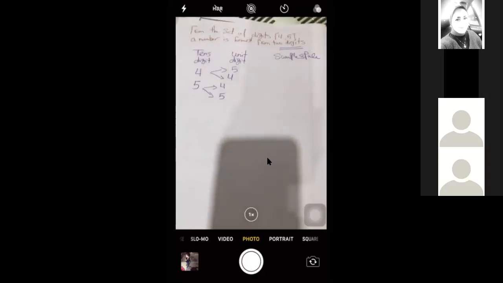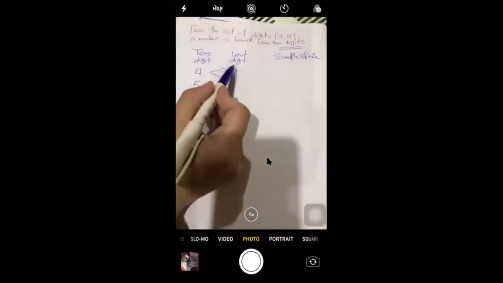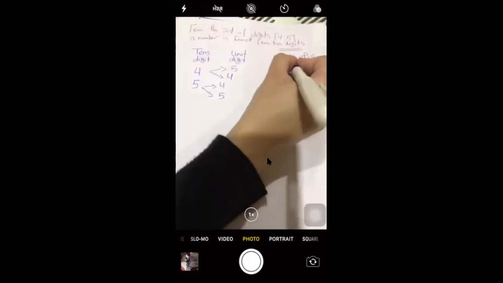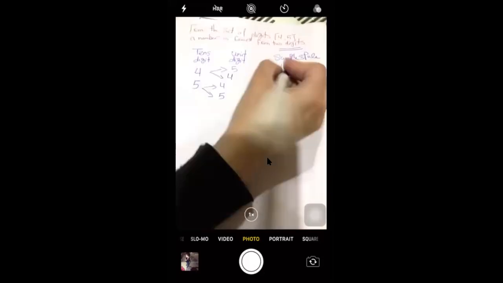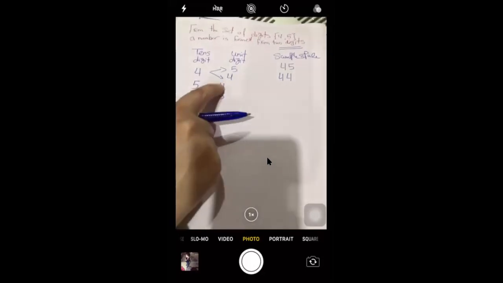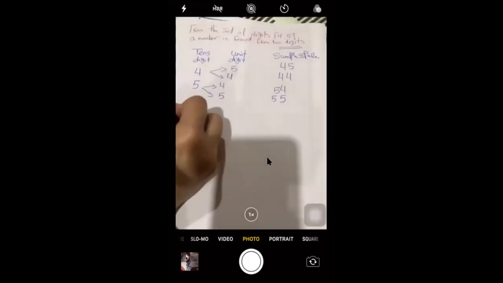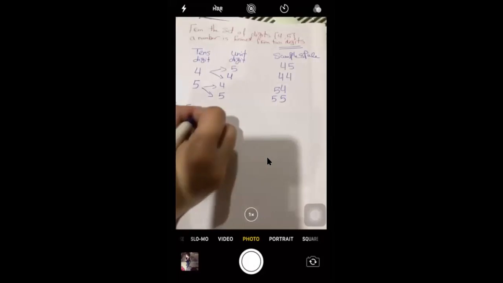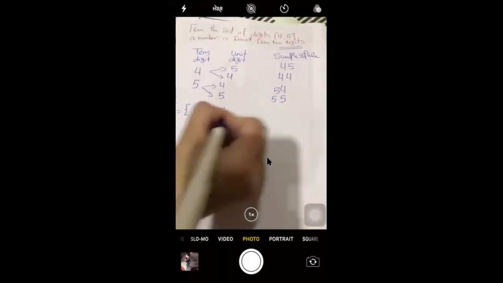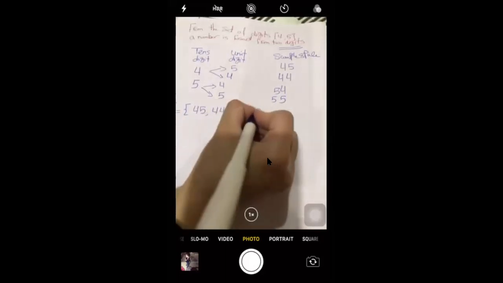That means my sample space is 45, 44, 54, 55.